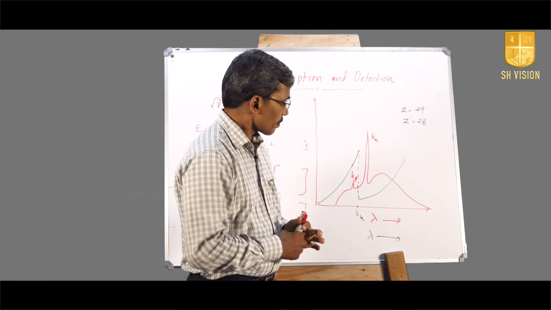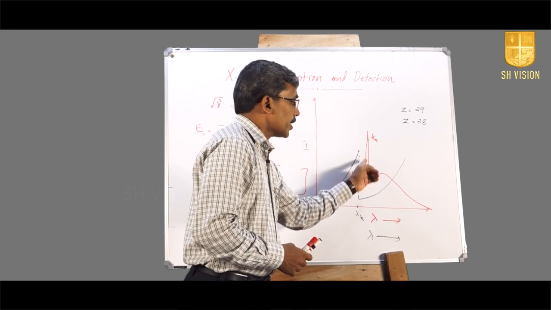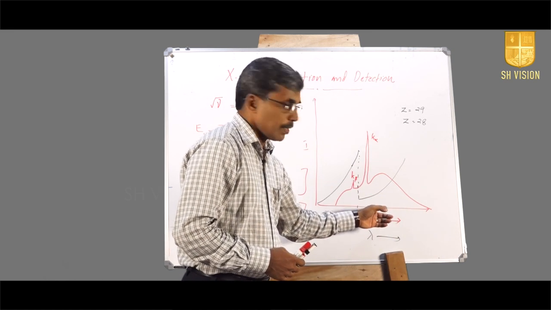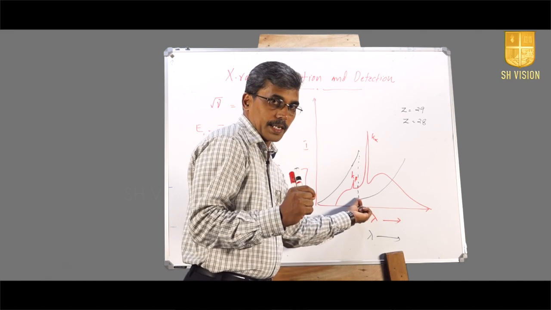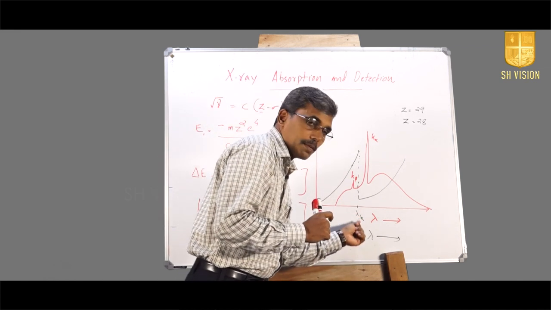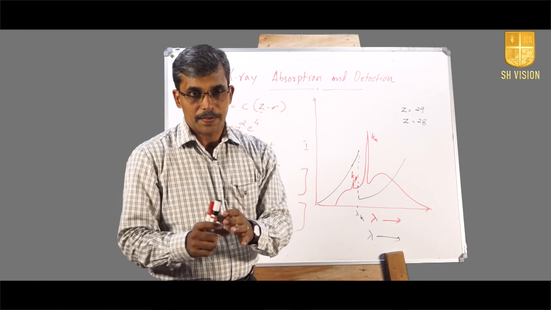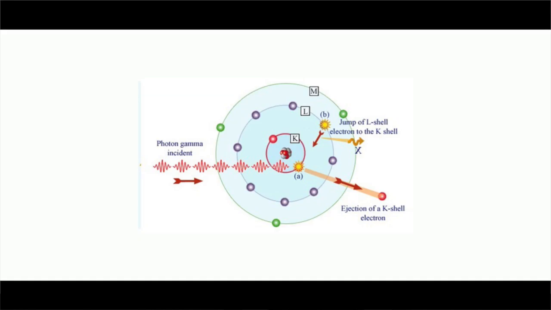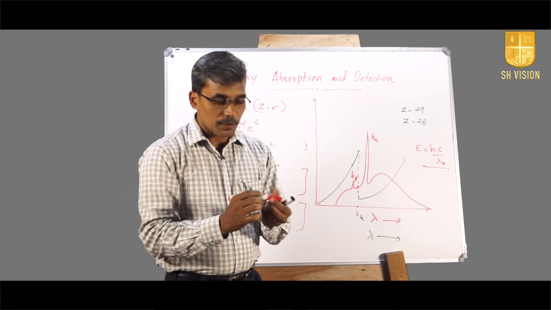For example, when X-ray energy is increasing, initially there is not much absorption, but at this point the X-ray photon is completely absorbed, because here lambda k is the absorption edge, therefore that lambda k represents a particular energy. That energy is given by E is equal to hc by lambda k. This is the energy of X-ray photon.